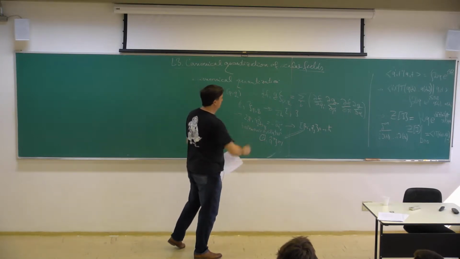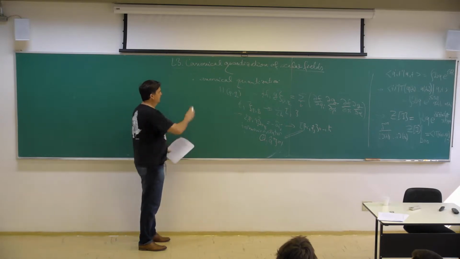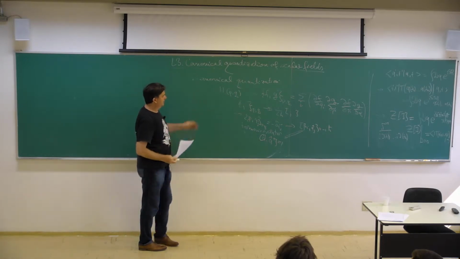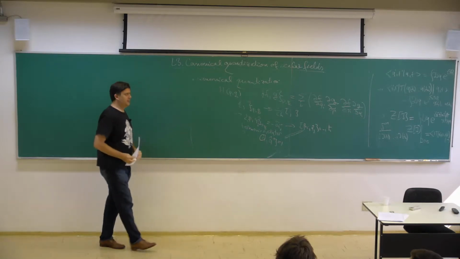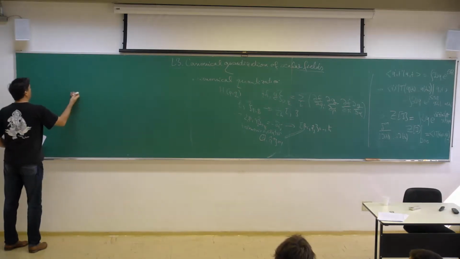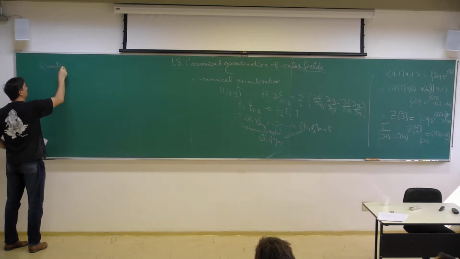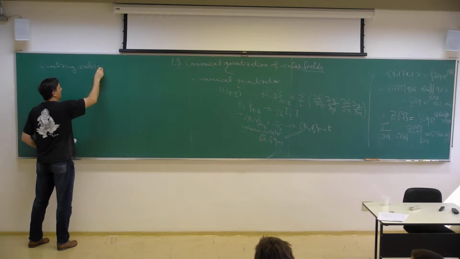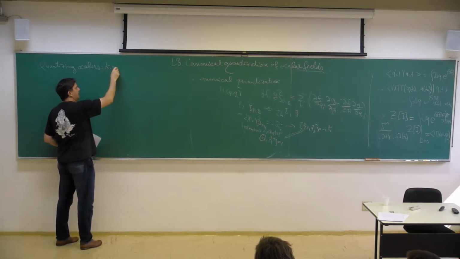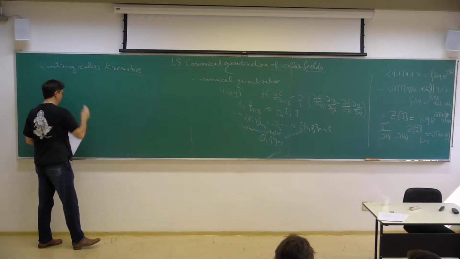So this was a quick recap just to understand a little bit better what we did. But now let's proceed with canonical quantization in the case of a scalar field. And first, let's consider the kinematics of this quantization.